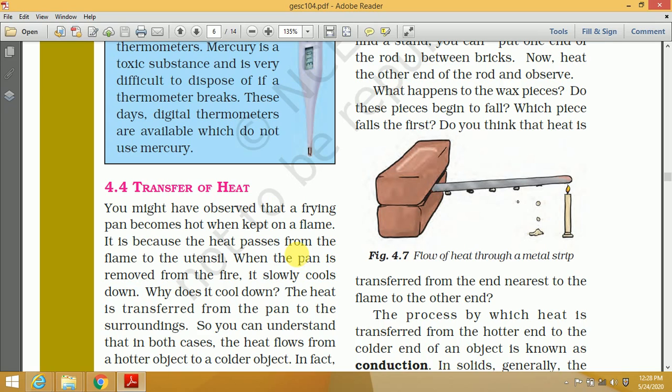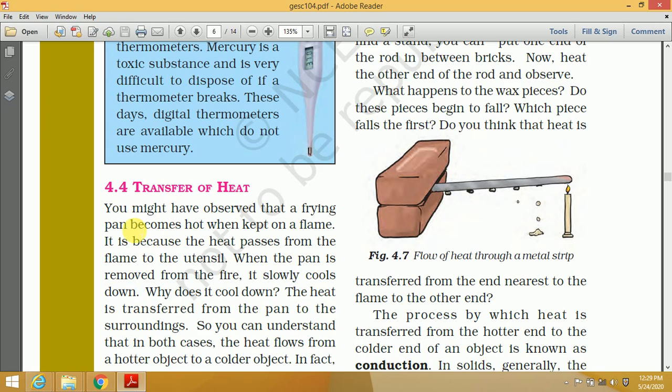So from the hot cup of tea, the heat has gone to the environment. And similarly, if we are talking about a cold glass of water, then heat has come from the environment to the glass or water. Means always heat will flow from hotter object to colder object.